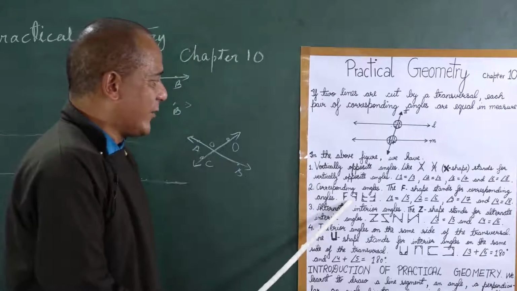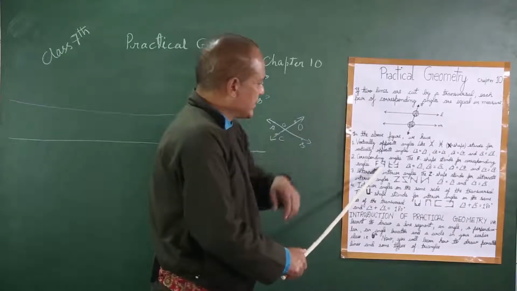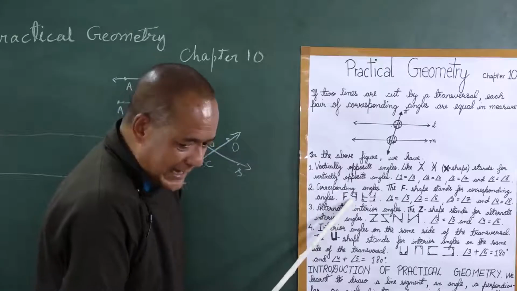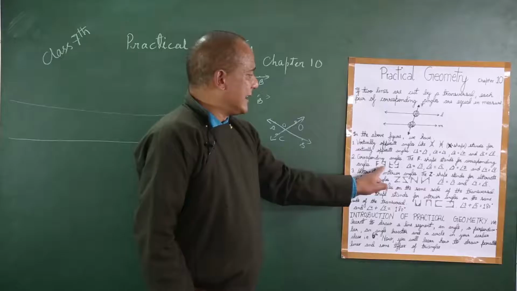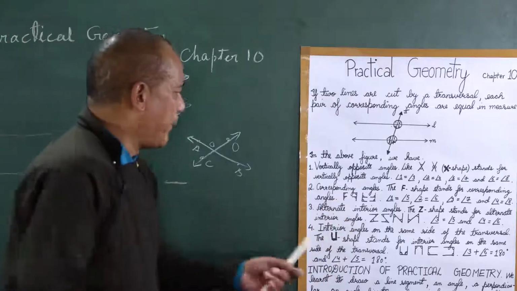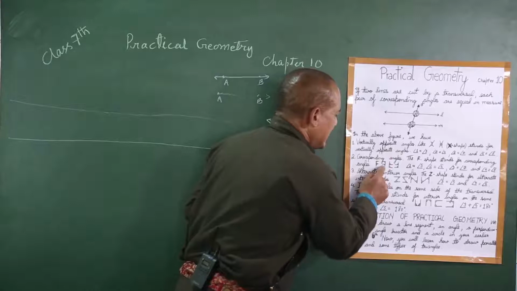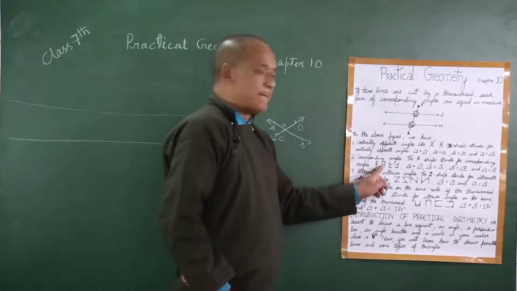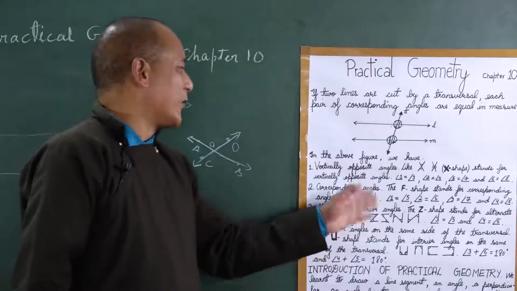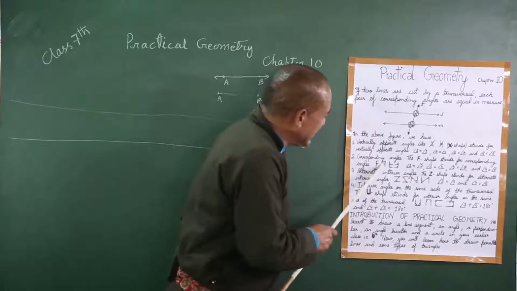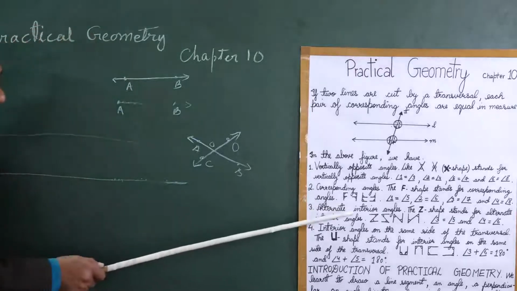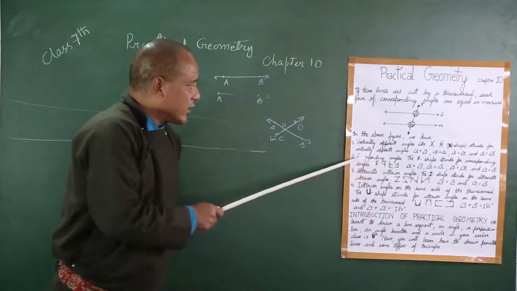This is an F, but this is the image of F. For example, if you place a mirror here, in the mirror you will see that this is F. So this is an upside down F. These corners, whatever is shown, those pairs of angles are corresponding angles.